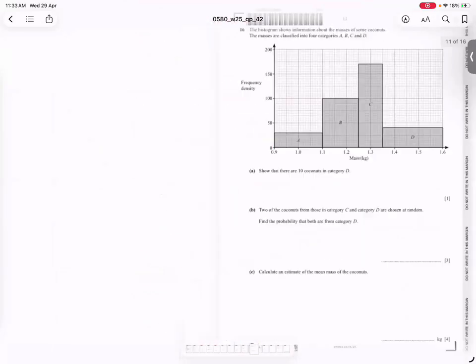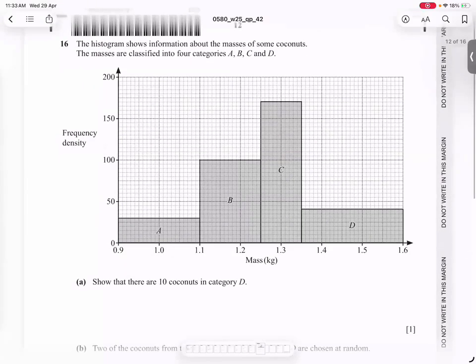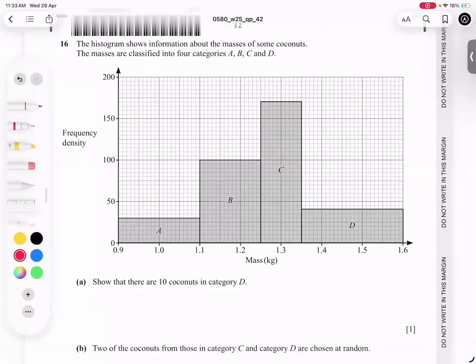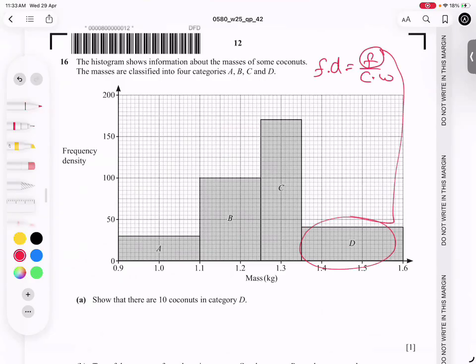So the next question, on the next page, is number 16. He's saying the histogram is drawn, and show that there are 10 coconuts in category D. So he has given A, B, C, D. For your information, the frequency density formula is frequency by class width, and frequency is also called the area.